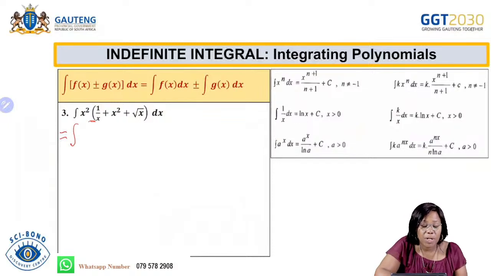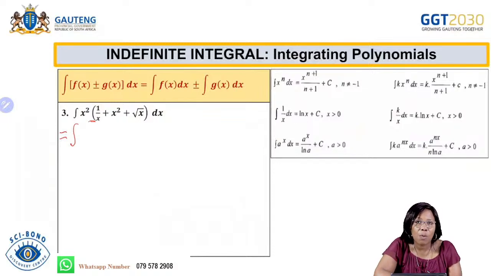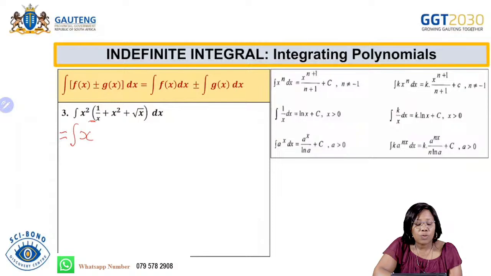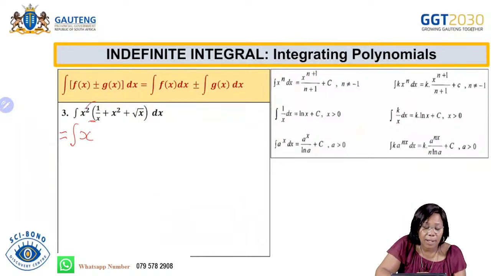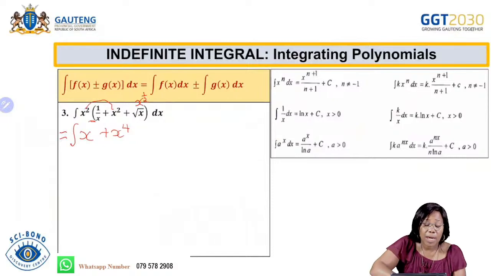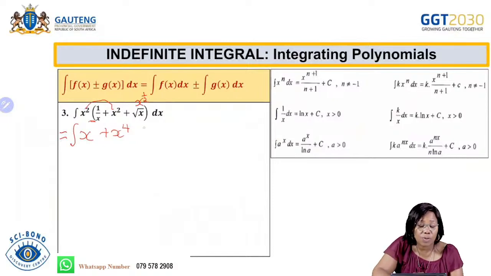And then that will be x squared multiplied by 1 over x. Therefore, we'll end up with x to the power 1. And then x squared multiplied by x squared, that will be x to the power 4. And then remember, this one is the same as x to the power half. So it will be x squared times x to the power half.